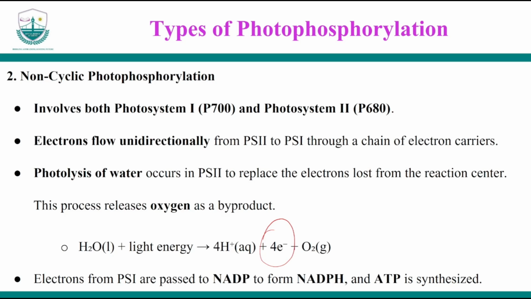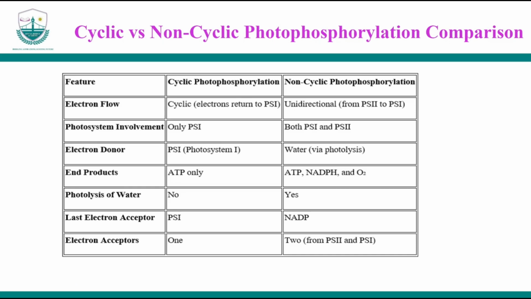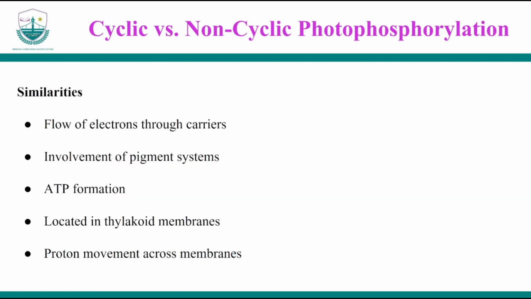Okay, the electrons from photosystem 1 are passed to NADP to form the reduced form of NADP, and ATP synthesis. That is basically for emphasis. So before we go to the differences, we can look at the similarities.